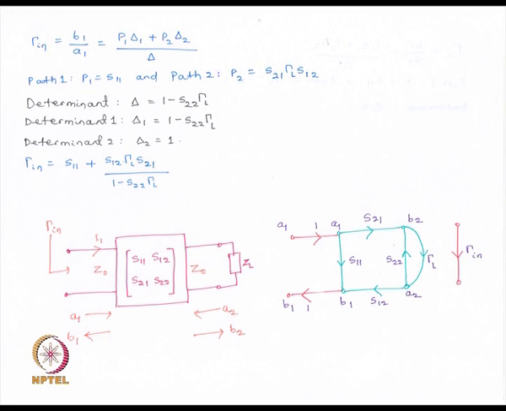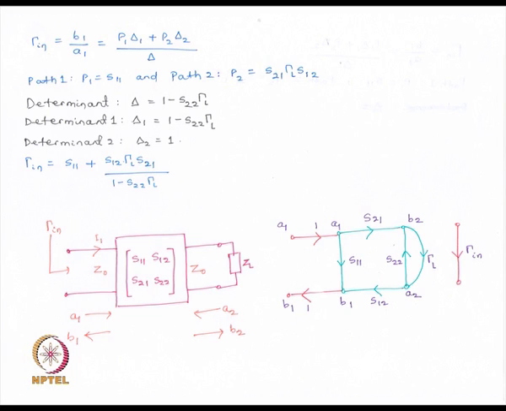And then what is delta? How many loops do we have? We have only one loop. So then delta will simply be 1 minus the loop gain product, which is S22 gamma L, and that is what we have written.